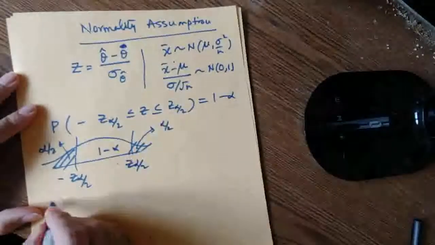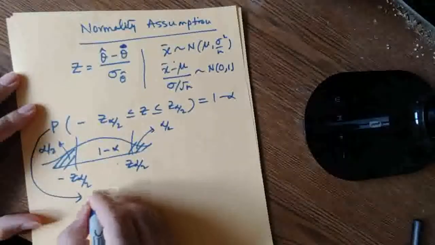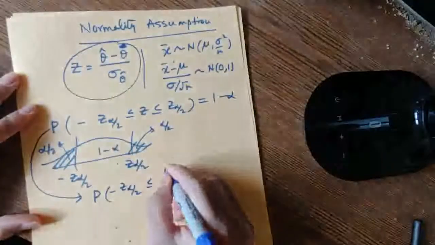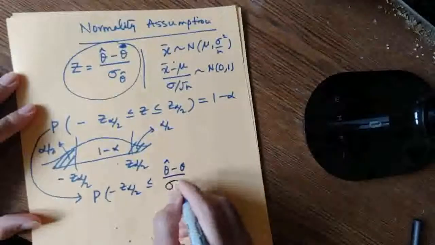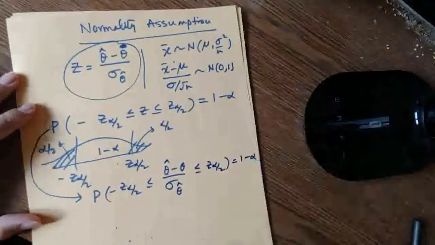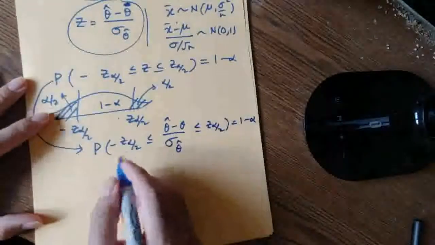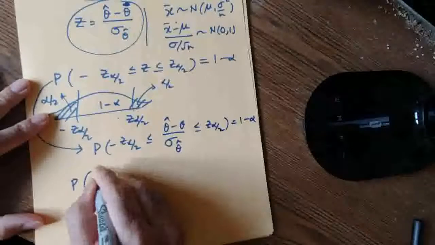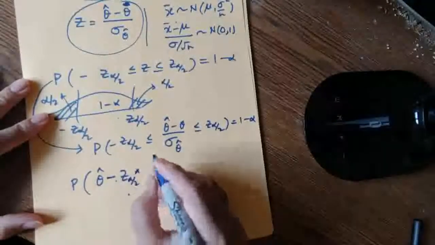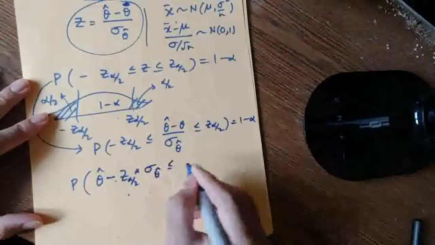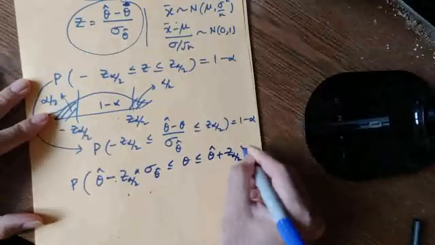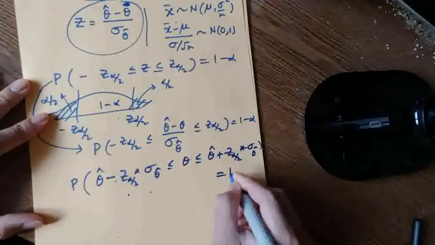Now I can replace this z by this expression right here: theta hat minus theta over sigma theta hat, and that's equal to 1 minus alpha. Now if I do a little bit of math manipulation here, that will give us theta hat minus z alpha over 2 times sigma theta hat less than or equal to theta less than or equal to theta hat plus z alpha over 2 times sigma theta hat, which is equal to 1 minus alpha.